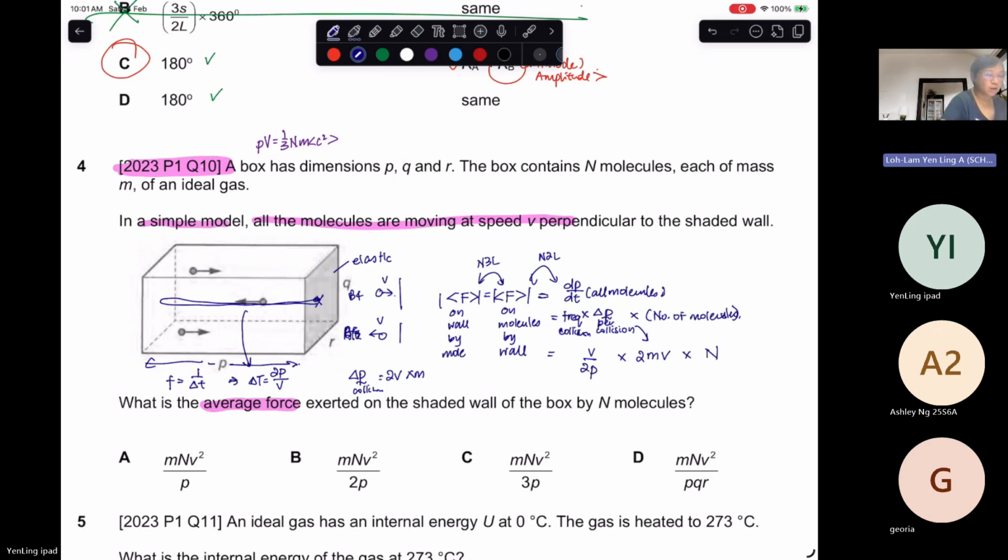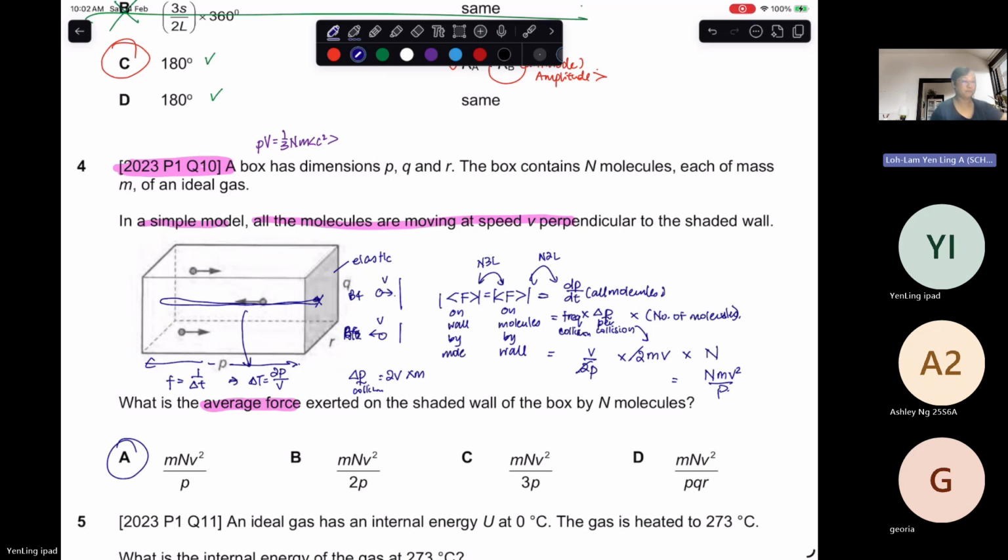With that, your 2 will cancel, and then you have N m v squared over p. So if I simplify this, this will be N m v squared over p, and the answer will be A.